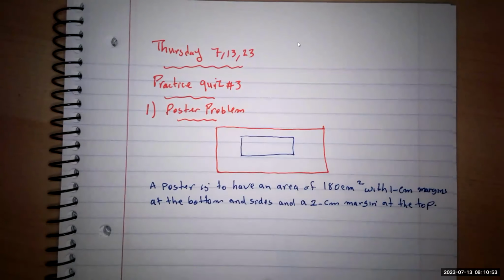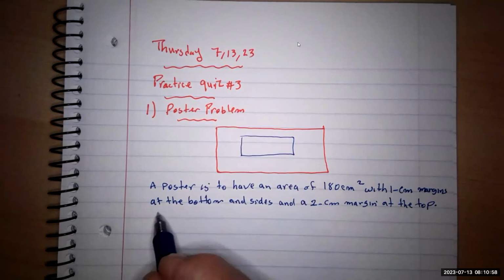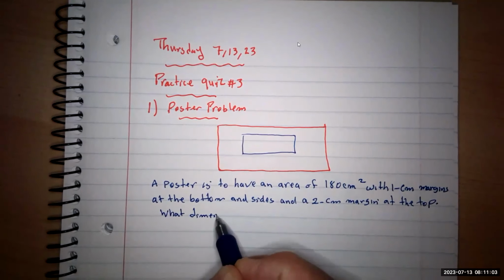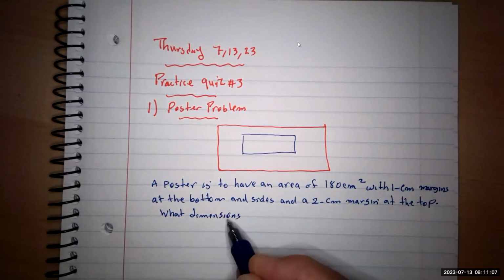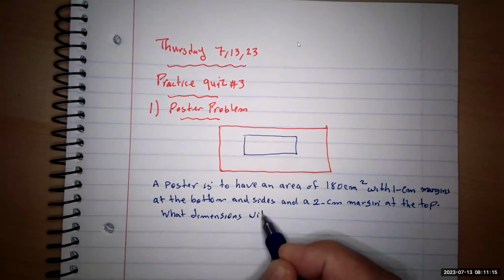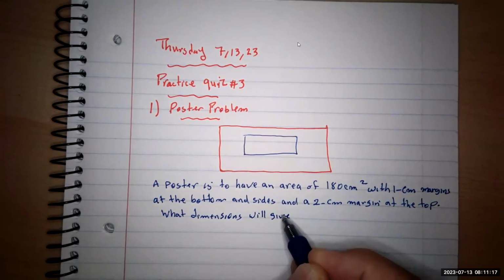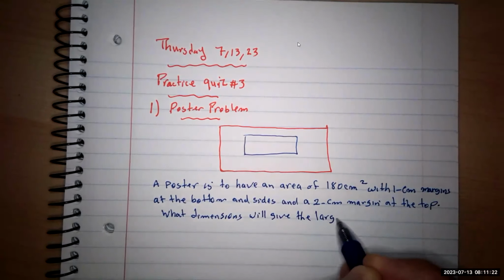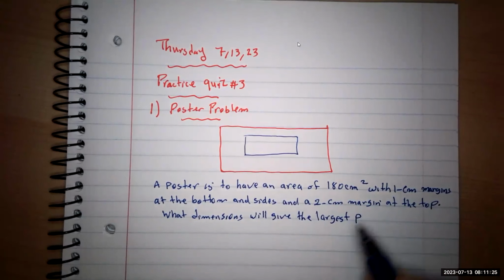So we get a poster over here. What's the question? This is different from what we did. We want to know what the dimensions are. You want to use it as a printed paper, if you like, so you want to make the best of your paper. We want to know what dimensions will give the largest printed area.